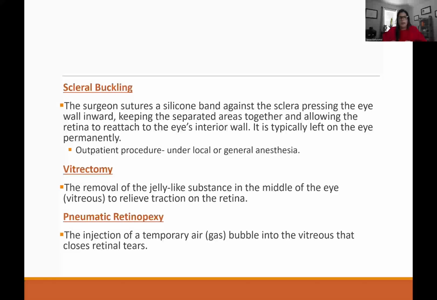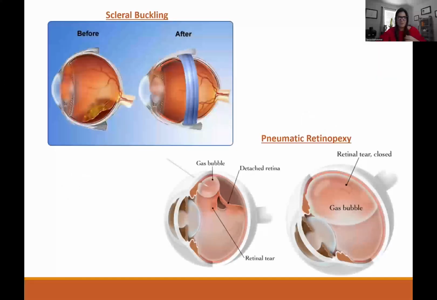In pneumatic retinopexy, they inject a bubble of air or gas in the middle of the eye, pushing the retina outwards, and then they buckle it until it heals. I think a picture is worth more than a bunch of words, so let me show you a picture.